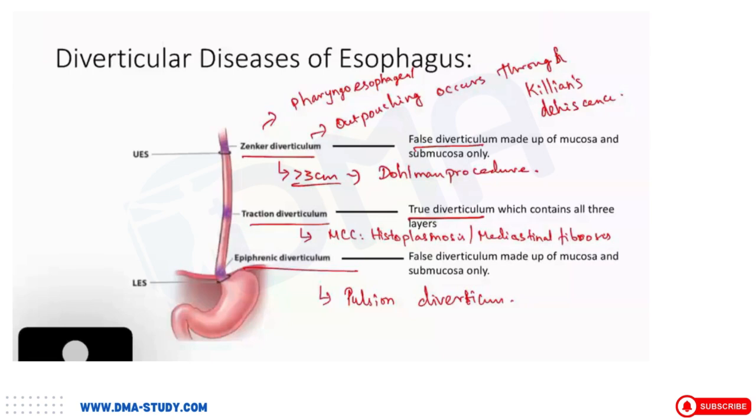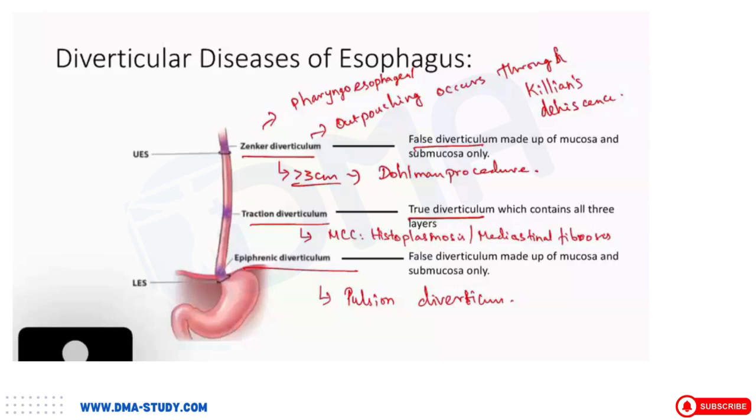Very important, and it's a unique finding, so there is a higher chance of it coming in the examination. Tickling sensation in throat in old age people is Zenker's. The most common complication is lung abscess because of aspiration pneumonia. Perforation and bleeding are other complications of Zenker's.